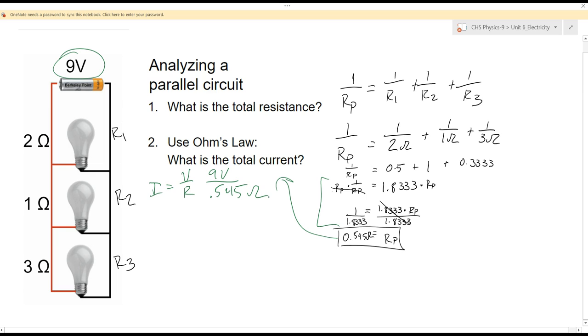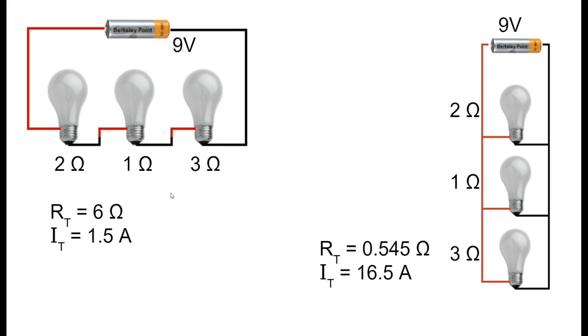I end up with pretty much 16.5 amps, because I got 16.49, so that's pretty much 16.5 amps. So there we go. And I have all the answers here, and that's exactly what we got.